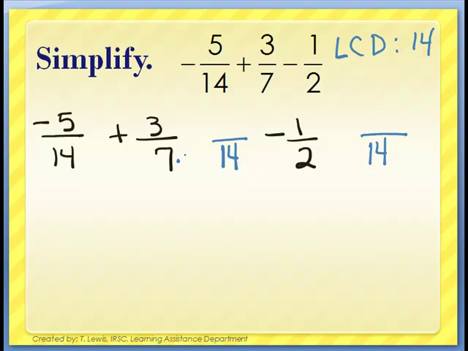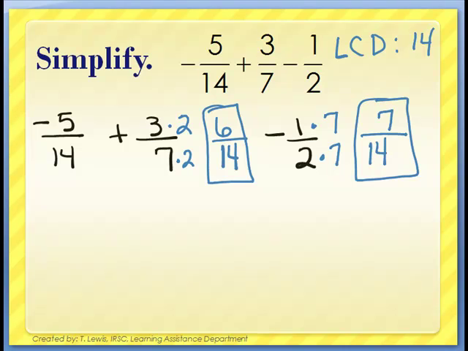We're going to times by 2. And 2 times 3 is 6. And the last fraction, negative 1 over 2, we want to convert that into 14ths. We're going to times 1 over 2 by 7. And 7 times 1, we have 7.